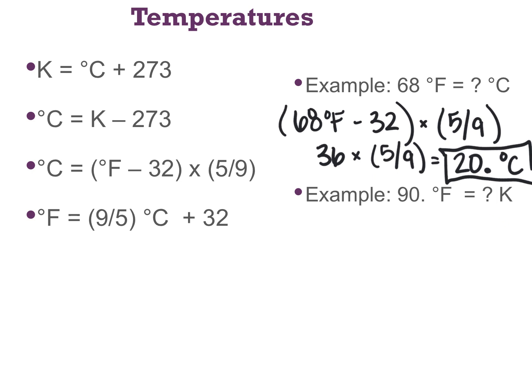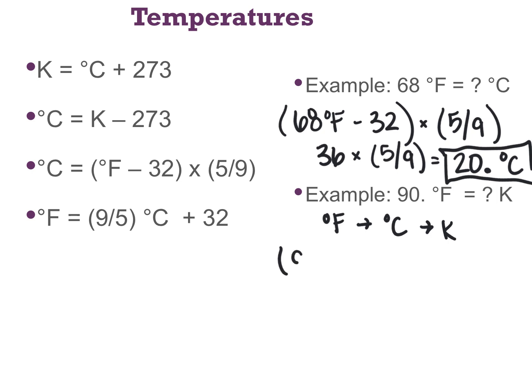Okay. If you look at the 4 equations over here, is there an equation that takes you from Fahrenheit to Kelvin directly? No. Okay, what unit do you have to convert into in between? Okay, so we're going to go from Fahrenheit to Celsius to Kelvin. Okay, so we're going to use that same third equation to get to Celsius.